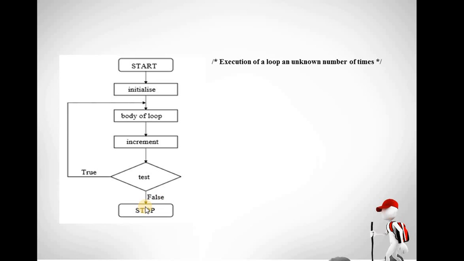Okay, now let's see one program. This is my main function. Inside this there is one variable of character type and another variable of number type. Now here comes the do while loop. So this is do, and in the do block, after the curly braces, printf enter number. So what will happen? In the console you get a message like enter a number, and it will wait until the user inputs some number.